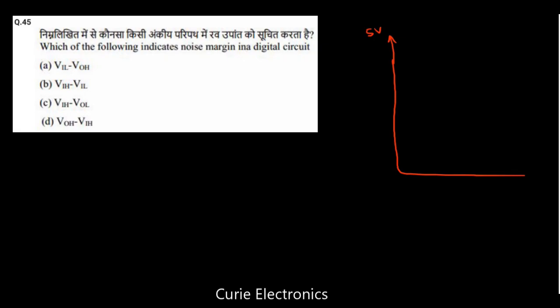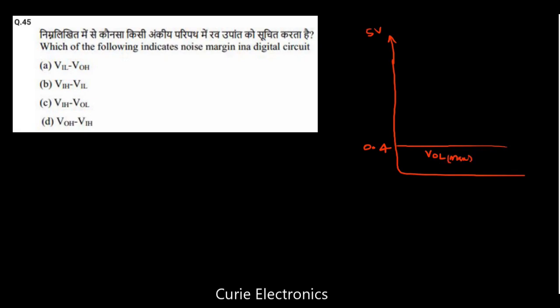When the TTL output is low, the maximum value it can go is 0.4 volt.